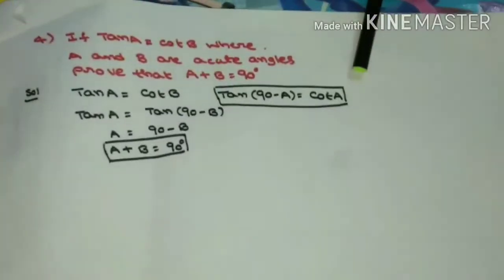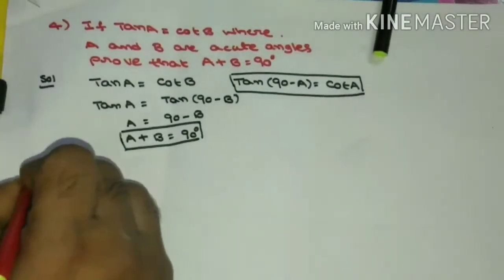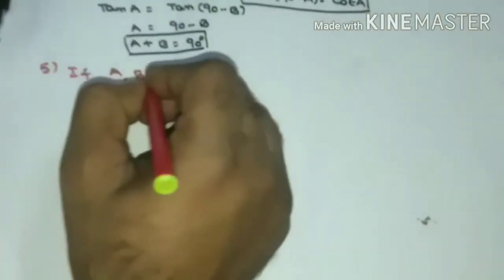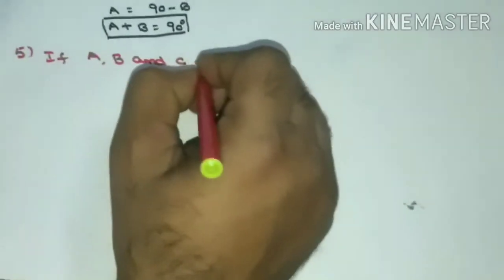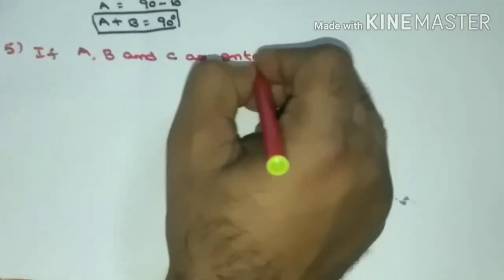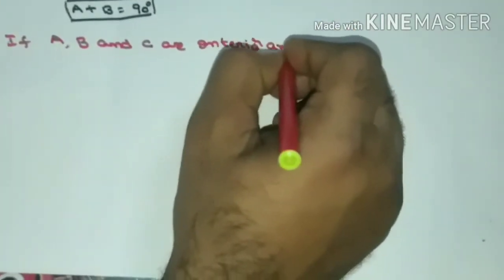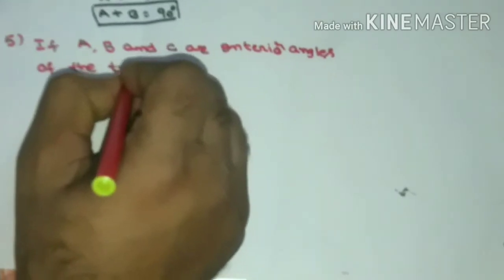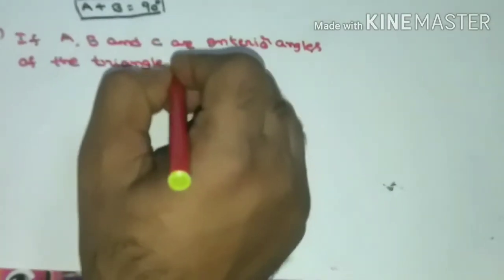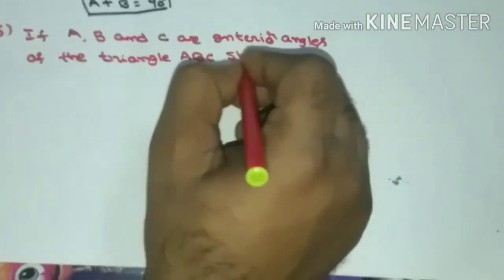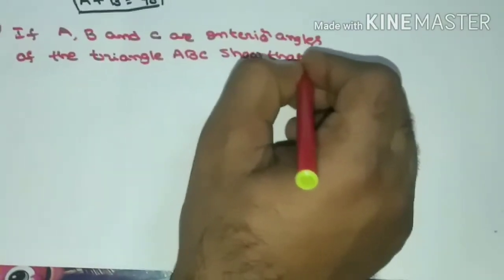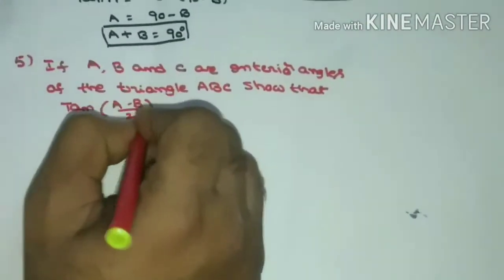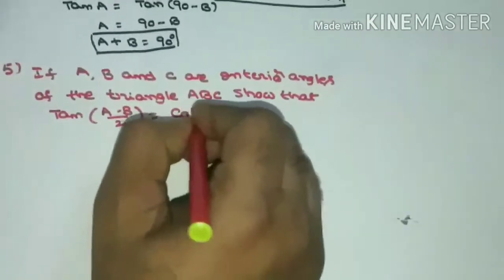Now come to the fifth problem. If A, B and C are the interior angles of the triangle ABC, show that tan of (A plus B) by 2 equals cot C by 2.